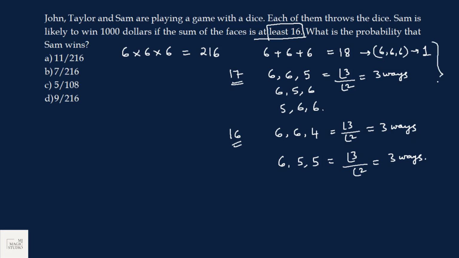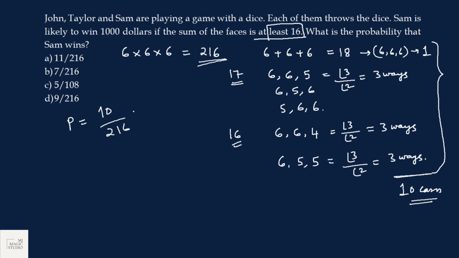So total number of cases where the total is at least 16 is 3 plus 3 plus 3, 9 plus 1, that is 10 cases. So favorable cases we have are 10 and total cases are 216. So the required probability is 10 by 216, that is 5 by 108, and that is in option C.